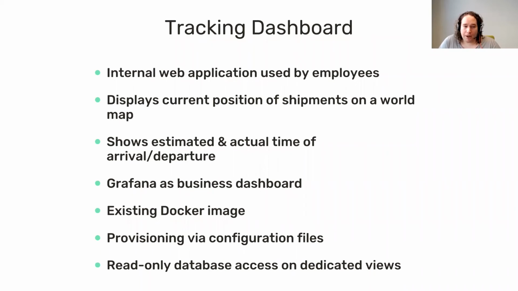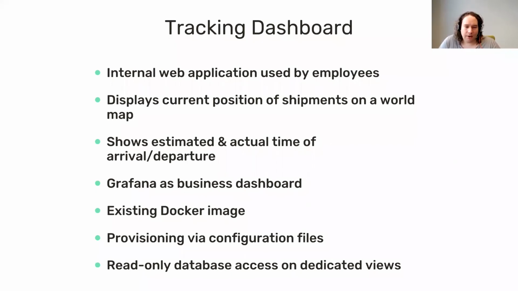There's, for instance, a plugin for a world map, which is really well suited to display the current position. And there's also a data source for PostgreSQL databases. So you basically can write queries and display these in given UI widgets to show the estimated and actual time of arrival and departure.